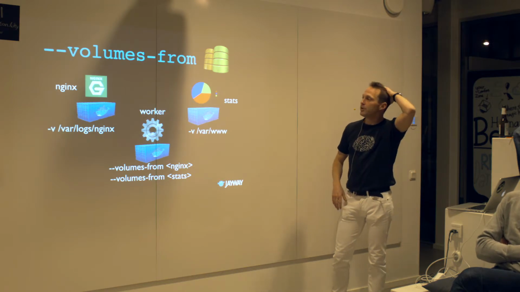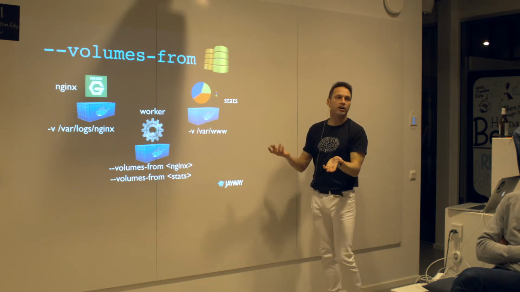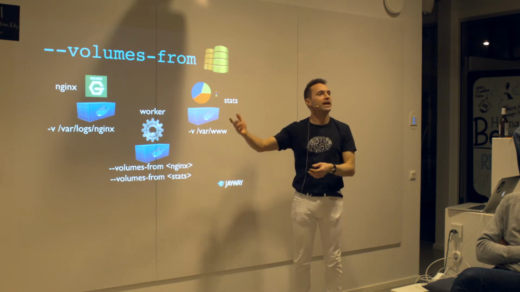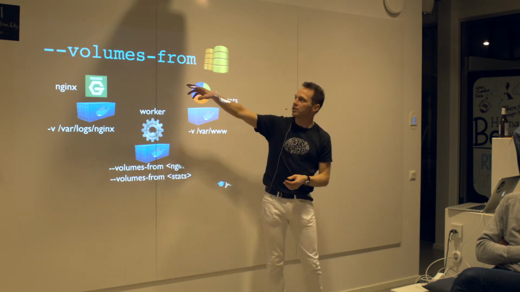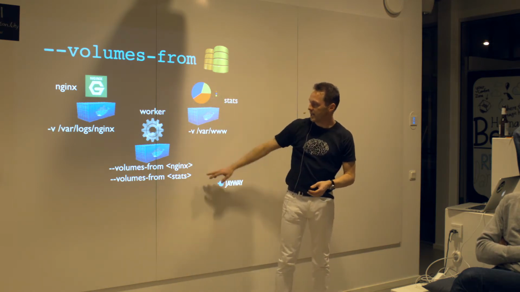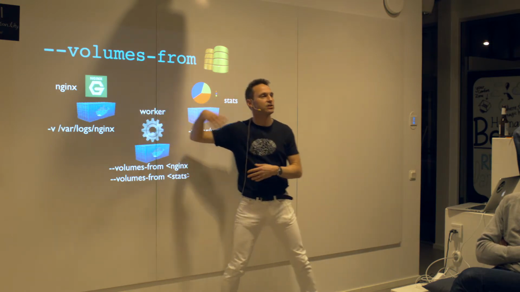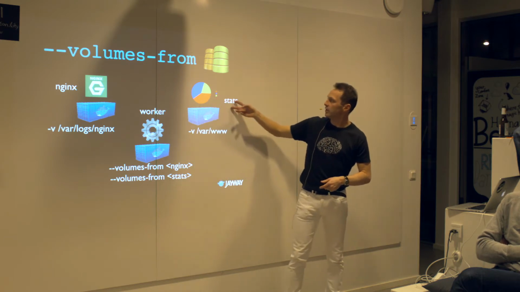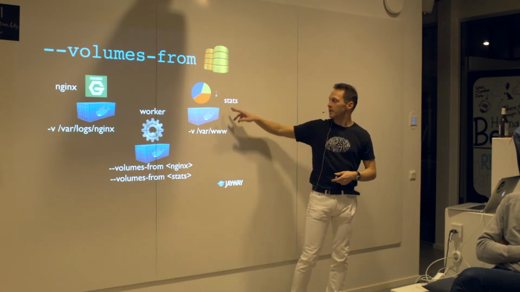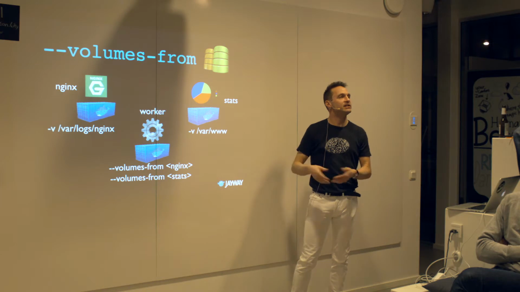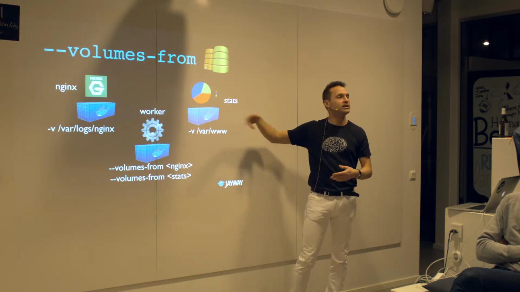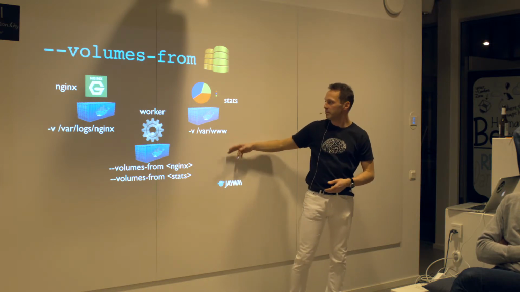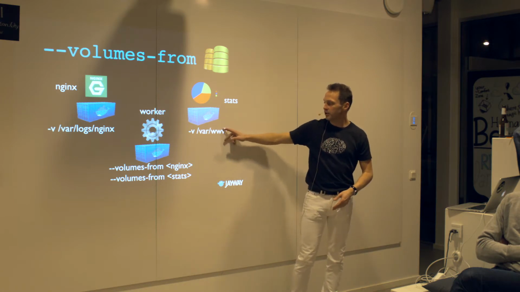And then the third way to share volumes is from one container to another. So by using volumes-from, I can say here, okay, I have an nginx container running with /var/log/nginx. Then I have another container running which does some statistics that it will display on the web, which is running on /var/www.